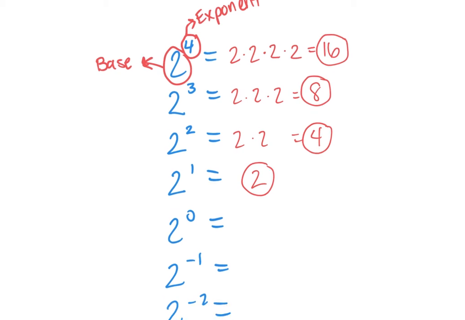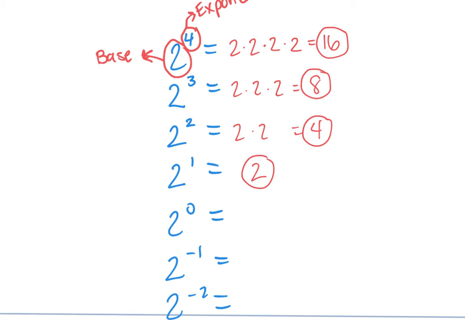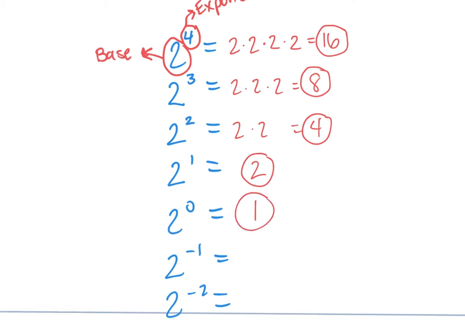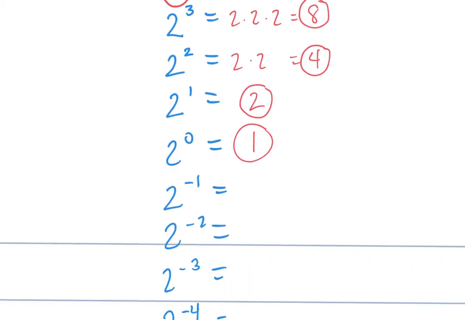So if we kept going, what should 2 to the 0 power be? What's 2 divided by 2? 1. Okay? And if we kept going, what would be 1 divided by 2? 1 over 2.